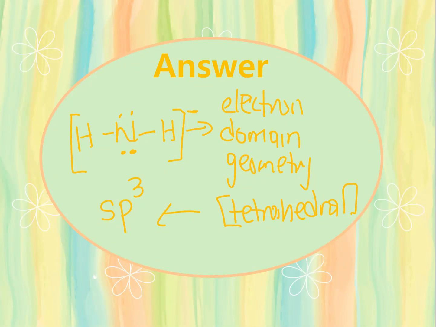So if you got tetrahedral, and therefore sp3, then you would have gotten it correct, right? So we have 1, 2, 3, 4 electron domains. And therefore the electron domain geometry is tetrahedral, and that would correlate to the sp3 hybridization.